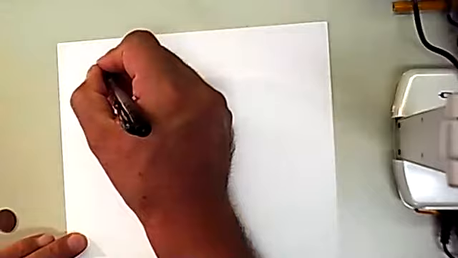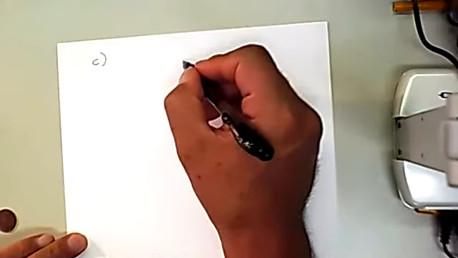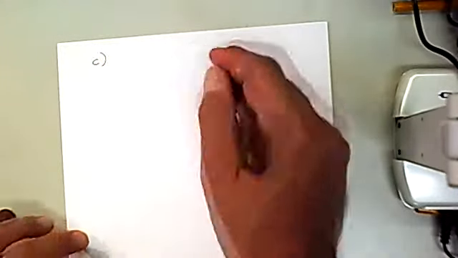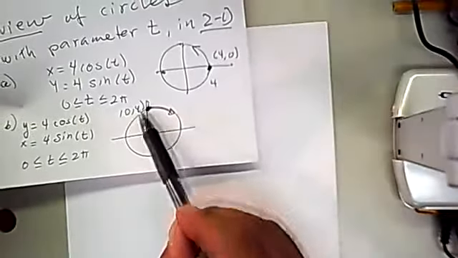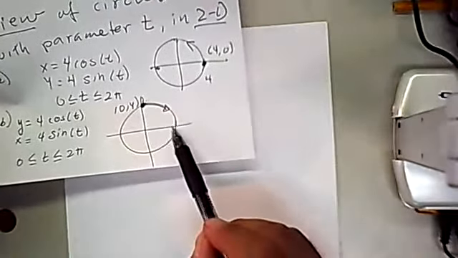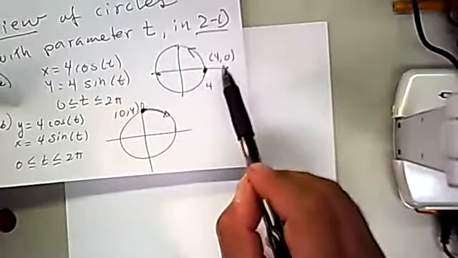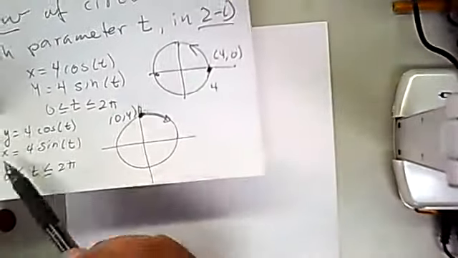Example C, say you want to go in the same clockwise direction as here, but you want to start at the same point, 4, 0. That is easy to fix.